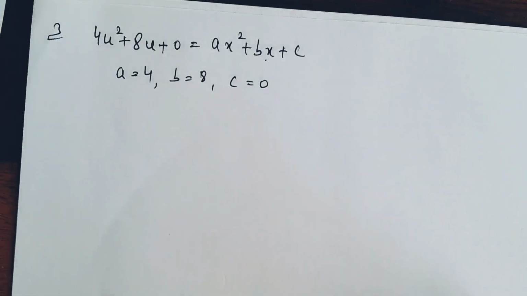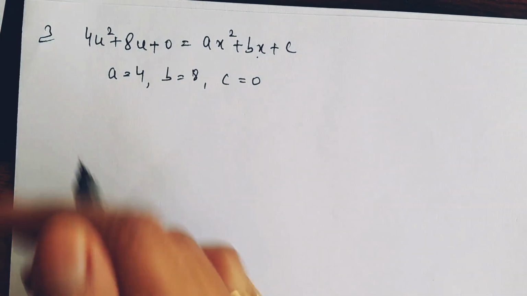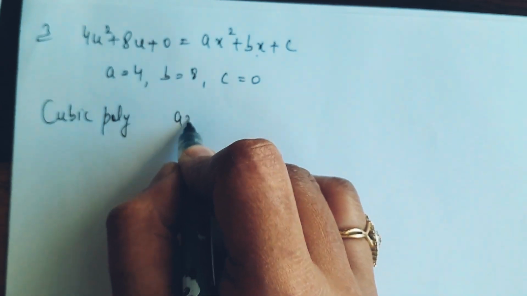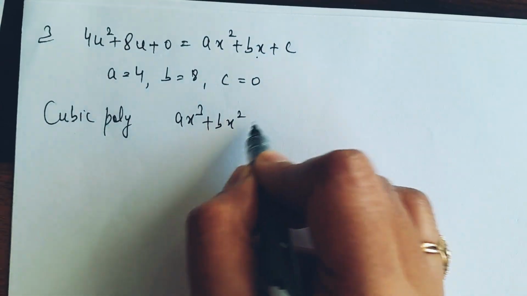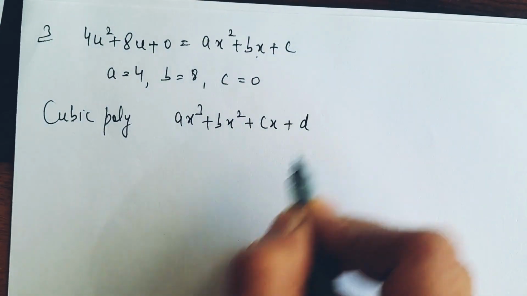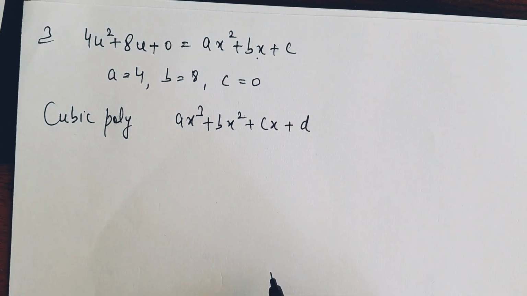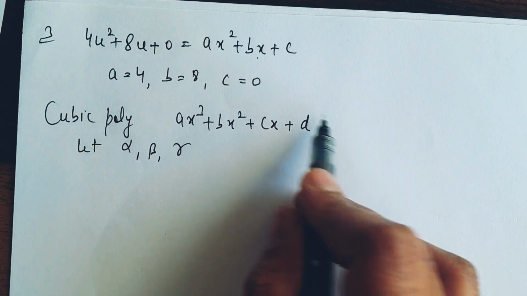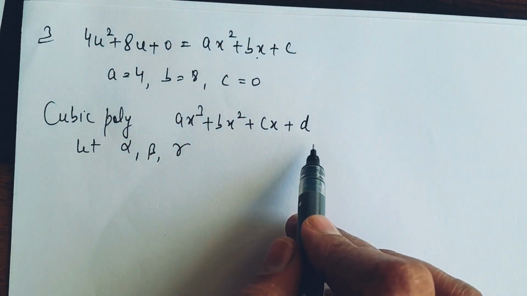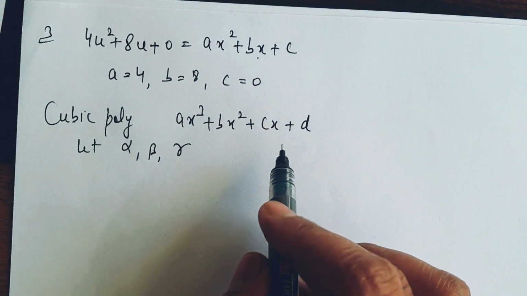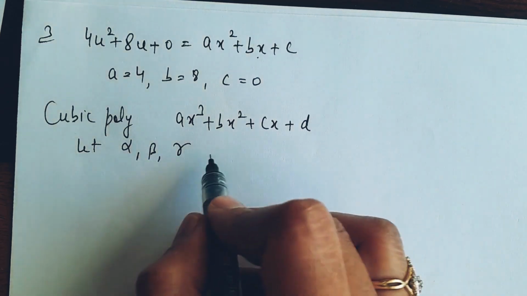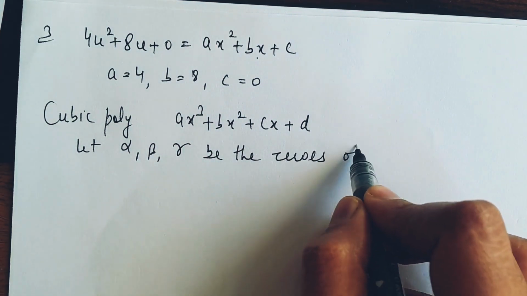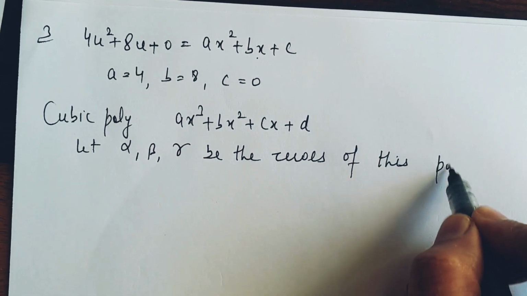Suppose we take the general cubic polynomial, that is ax cube plus bx square plus cx plus d. Now 3 roots will be there, because it is a cubic polynomial that has degree 3. So at most 3 real roots will be there. Let alpha, beta, gamma be the zeros or roots of this polynomial.